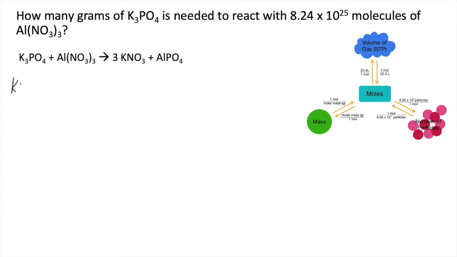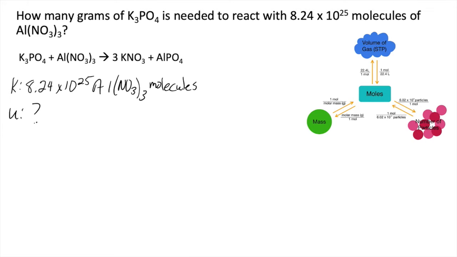We want to identify our known and our unknown. For our known, we have 8.24 times 10 to the 25th molecules of aluminum nitrate. Our unknown, we want to know how many grams of potassium phosphate is needed to react.